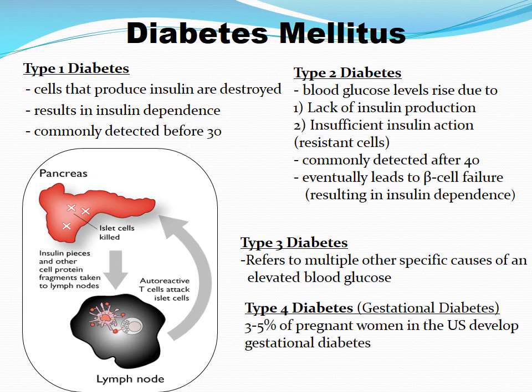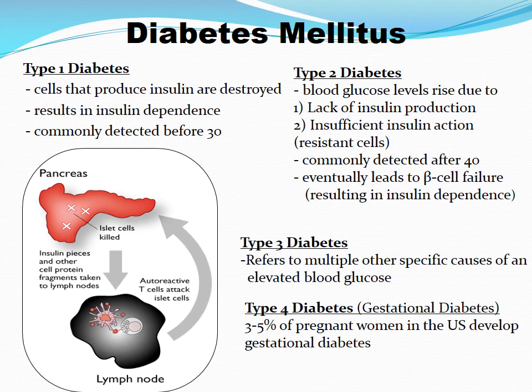At the end, the disease will progress in that insulin is not produced from the cells, resulting in insulin dependence. In late stages of type 2 diabetes, the ability to secrete insulin by beta cells is lost, and the patient requires insulin replacement therapy.